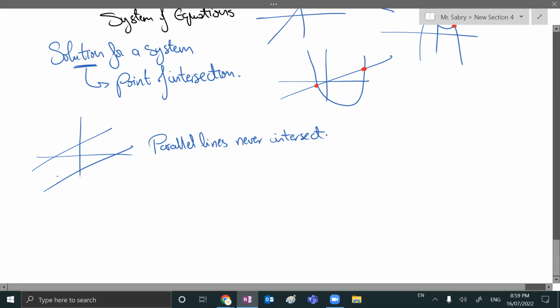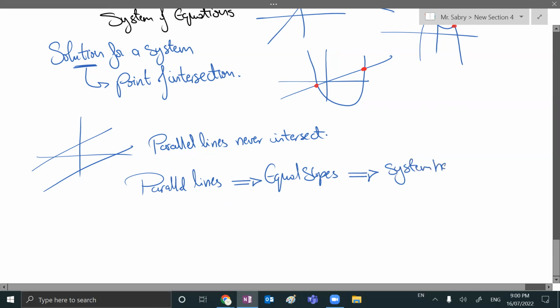So I want you to remember how to link these three things together. Whenever we see parallel lines, as we said earlier, this hints into your mind equal slopes. So whenever we say that there are parallel lines, it results in equal slopes, and at the same time it results in this system having no solution.